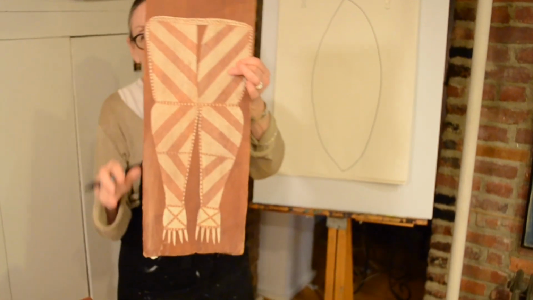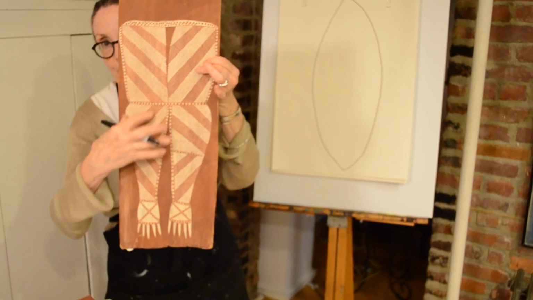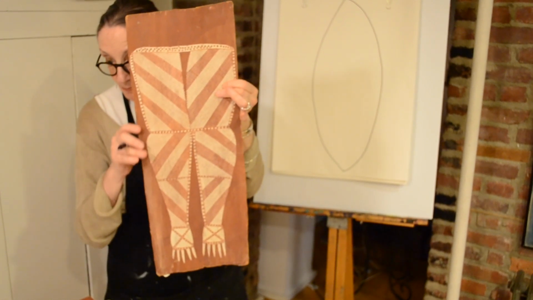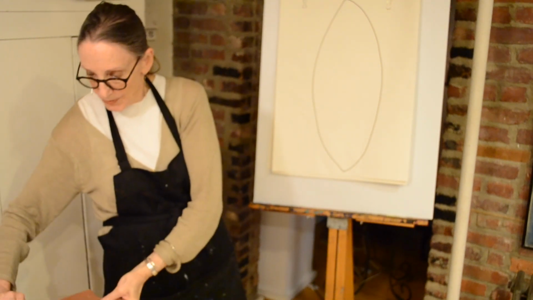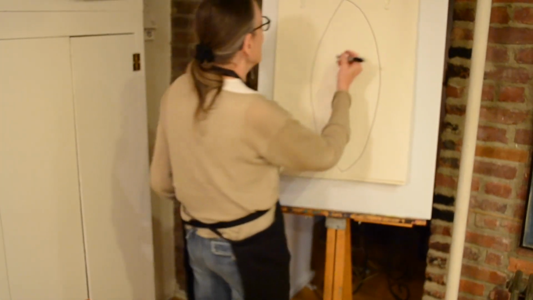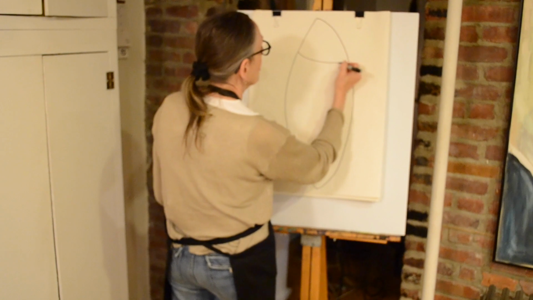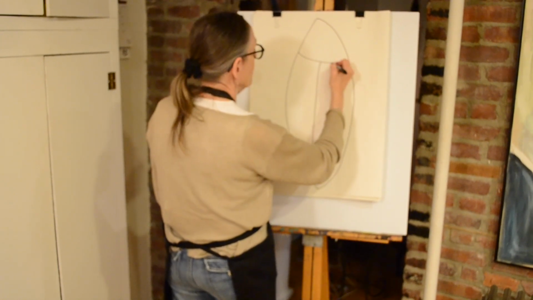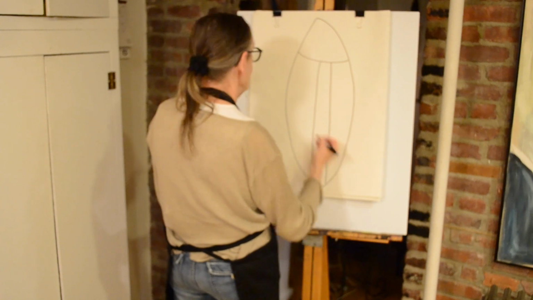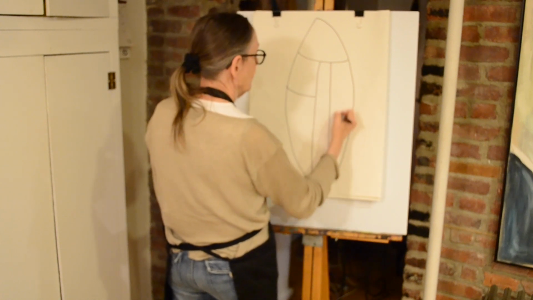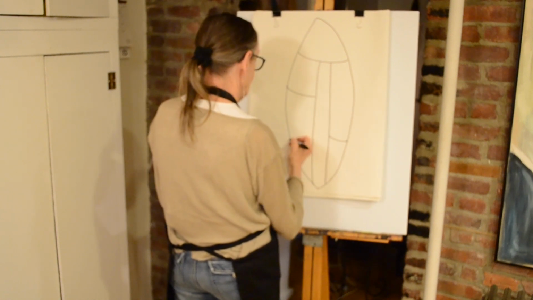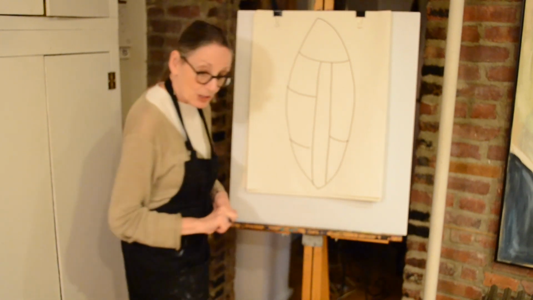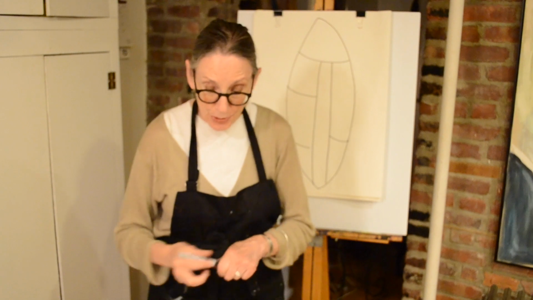You can see that this artist has deliberately divided the animal into different parts. So that's what I'm going to do next. And now we're good to go for painting, almost.